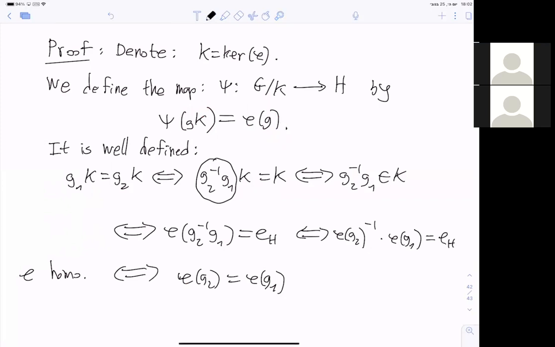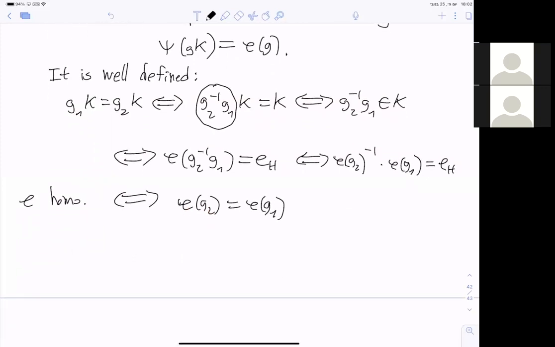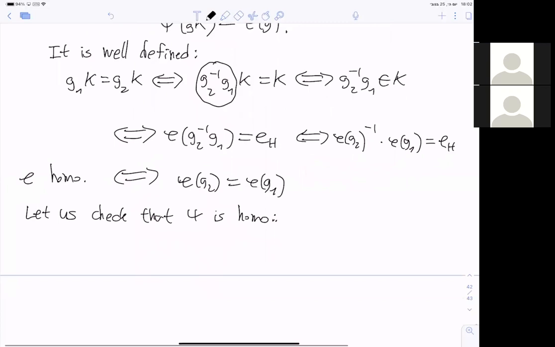Now we want to show that this psi is a homomorphism. Why is it a homomorphism? Okay, let us check that psi is a homomorphism. Why is psi a homomorphism?